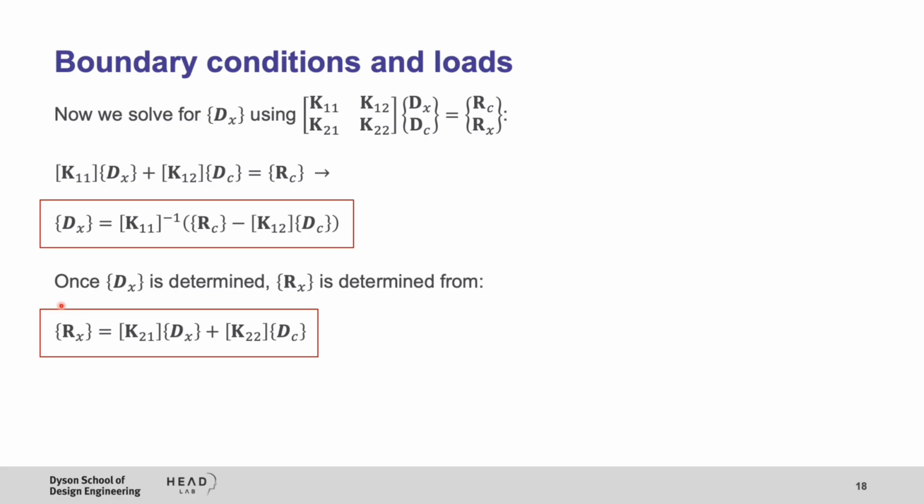And then we can find the unknown external forces. Again, we should note that in order to solve this problem, we need to find the inverse of this matrix. So we should make sure that this matrix is not singular.